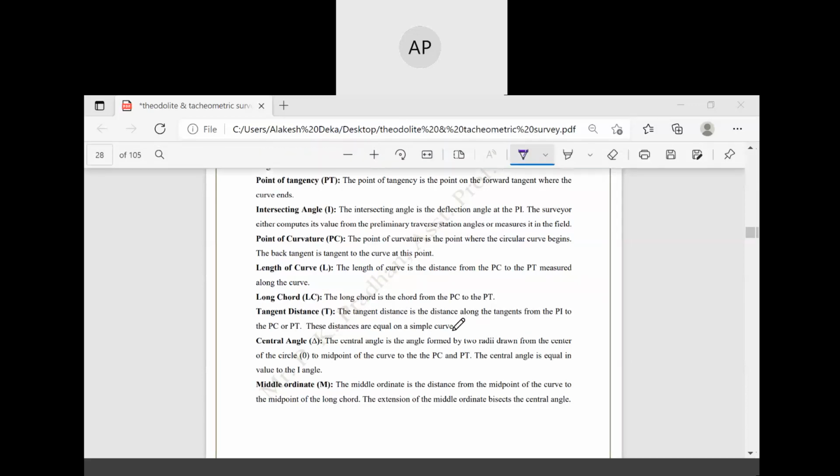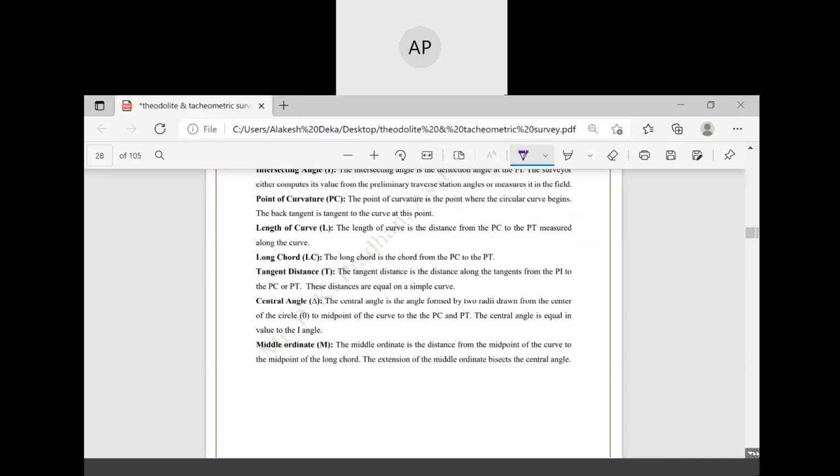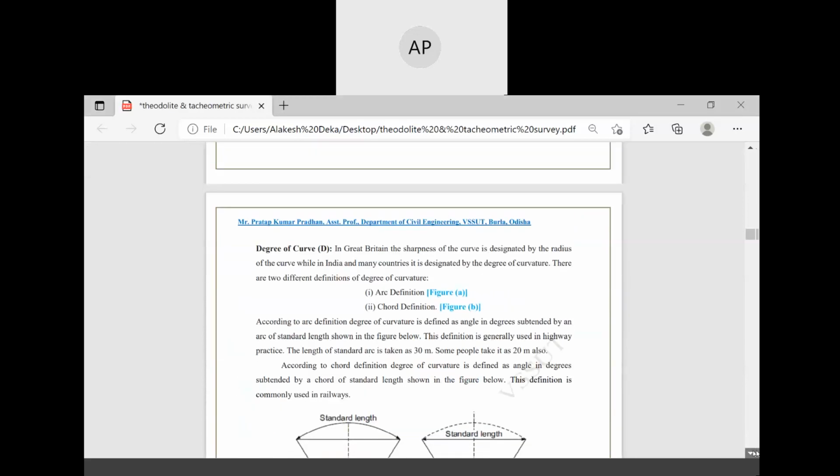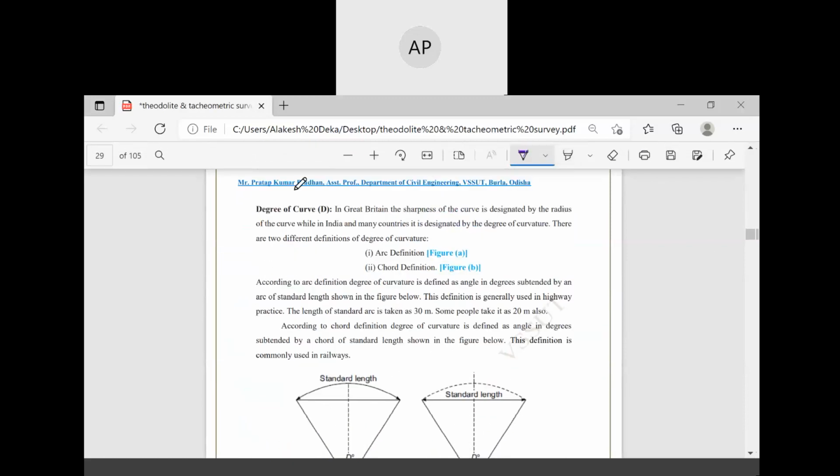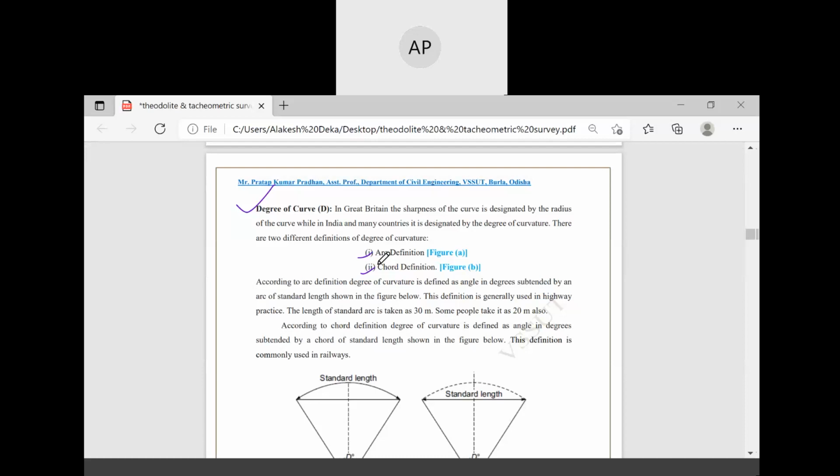Degree of curve is generally defined in two ways: arc definition and chord definition.